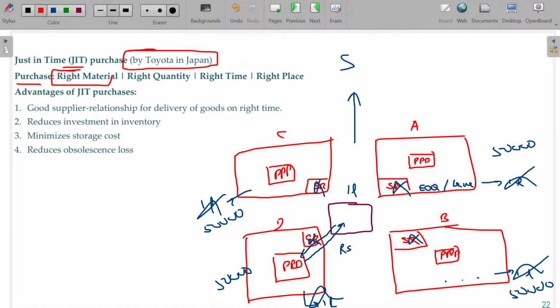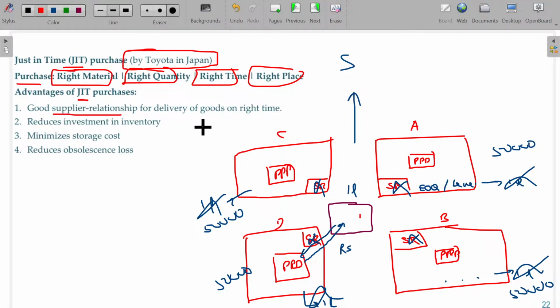Purchase right material, right quantity, right time, right place. Not excess quantity. If you want only 15 units, go and get that only. When? Now. Now means now only. Don't buy ahead and keep it in your storeroom. Right time. Where? Exactly here. So advantages of just in time purchases: good supplier relationship for delivery of goods.